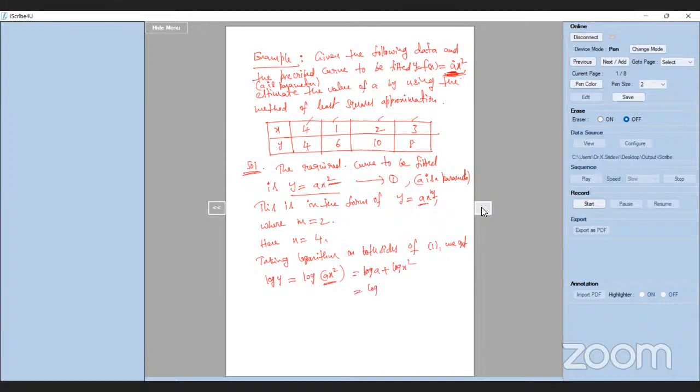Therefore, log y is equal to log a plus b log x.